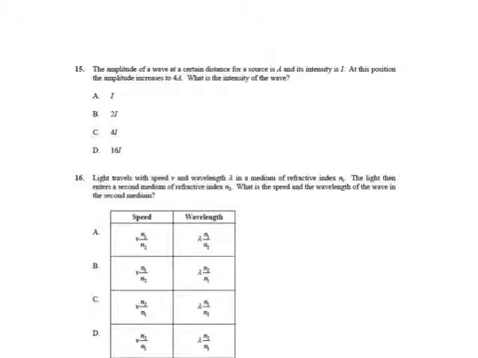So now to waves. We've got the amplitude of a wave at a certain distance from a source is A, and the intensity is I. At this position, the amplitude is increased to 4A. If you remember, the relationship is intensity is proportional to amplitude squared.